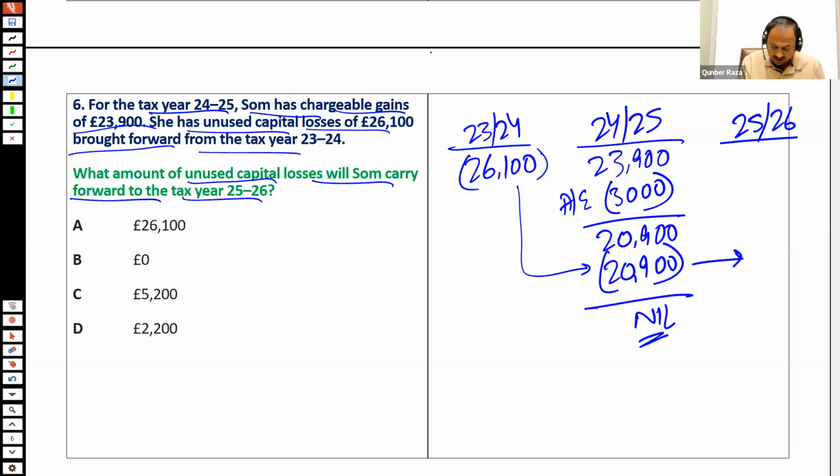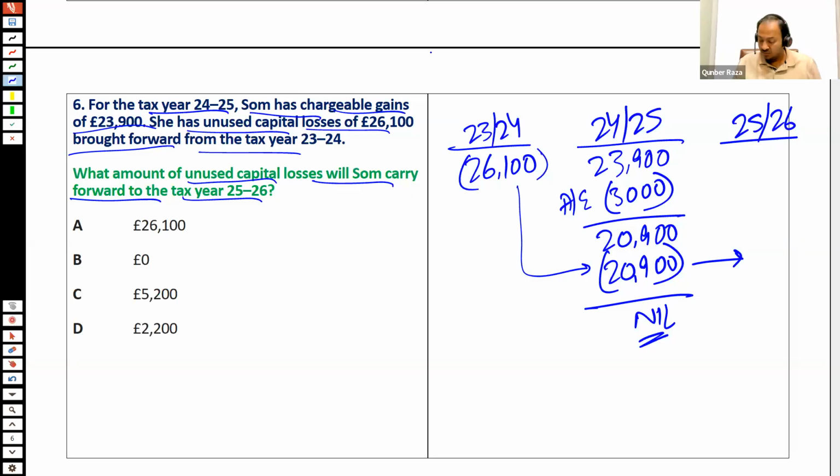The screen is not showing. Can you see the screen now? Can you see the screen now, please?